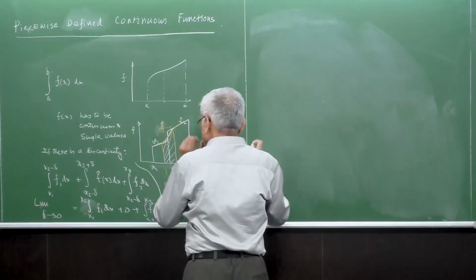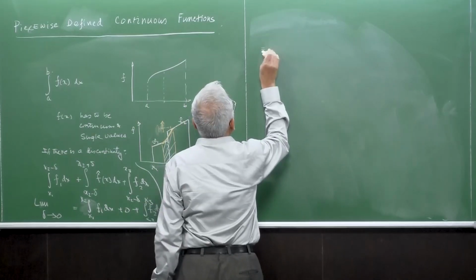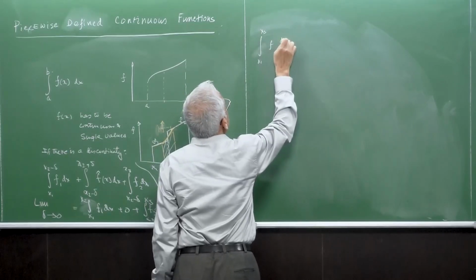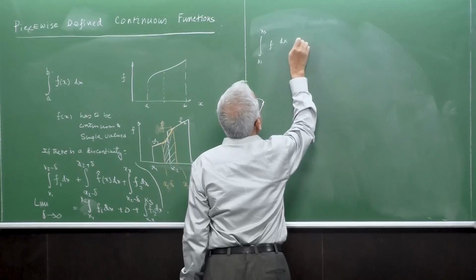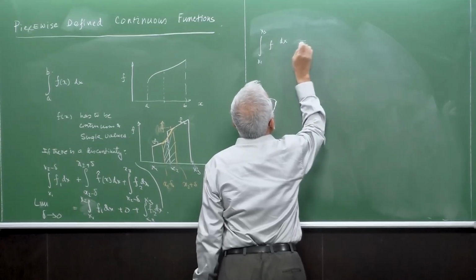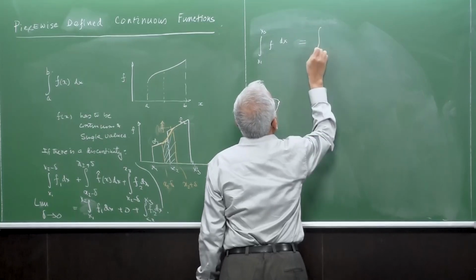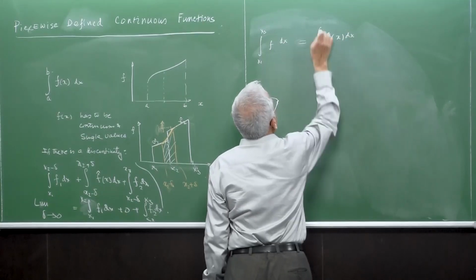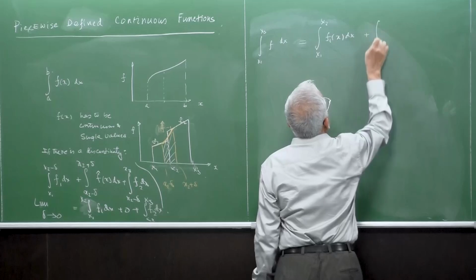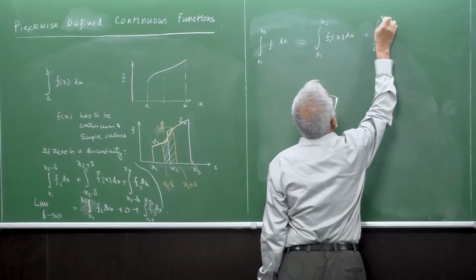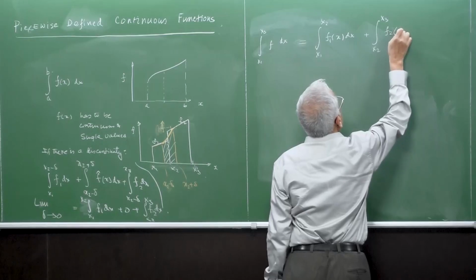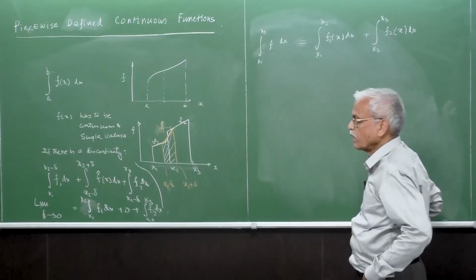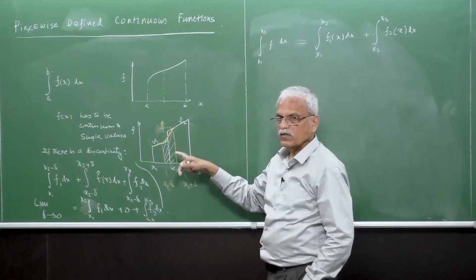So the original integral of f from x1 to x3 is the limit of the piecewise integrals of f1 from x1 to x2 and f2 from x2 to x3.